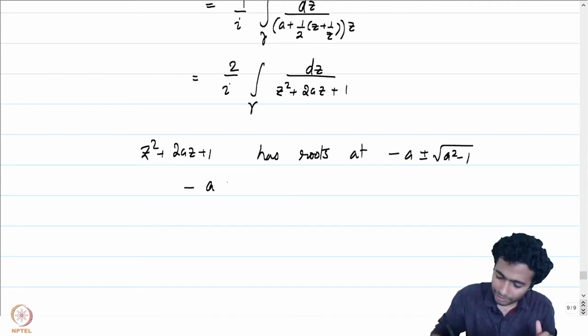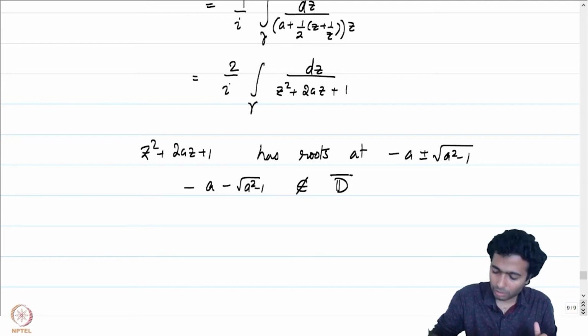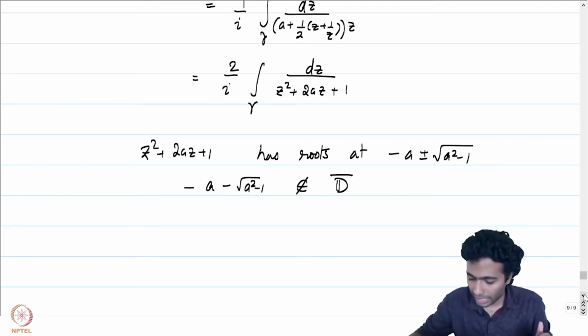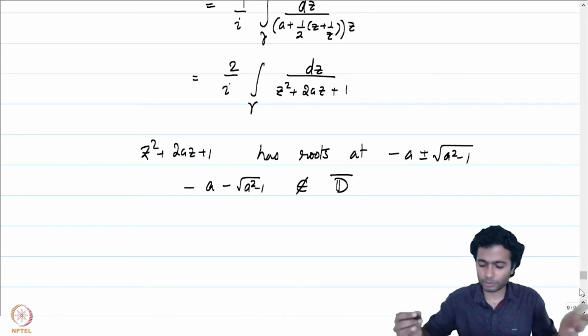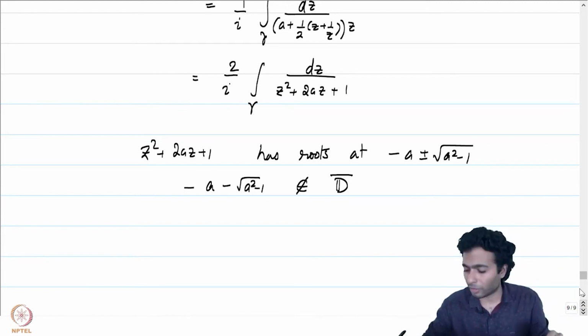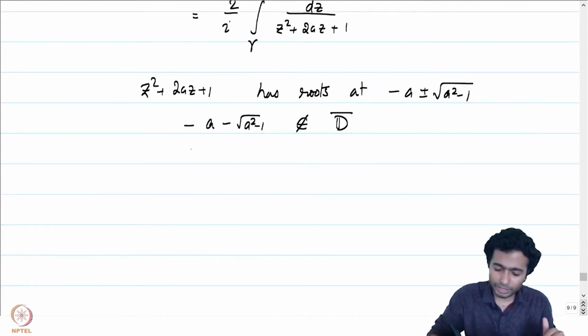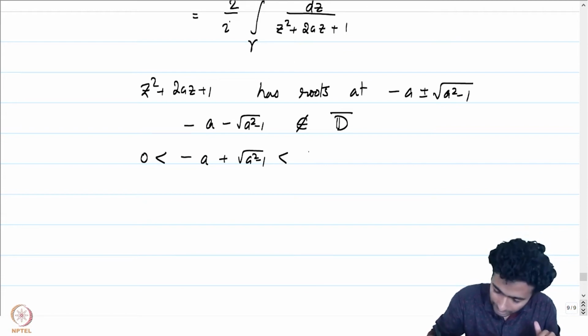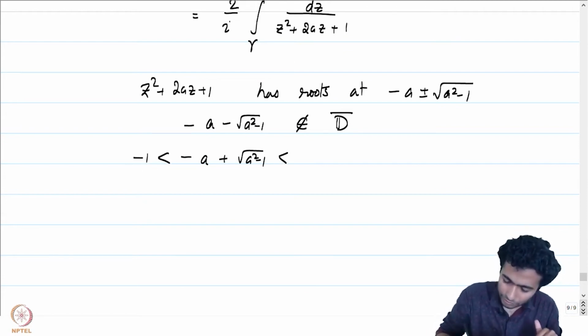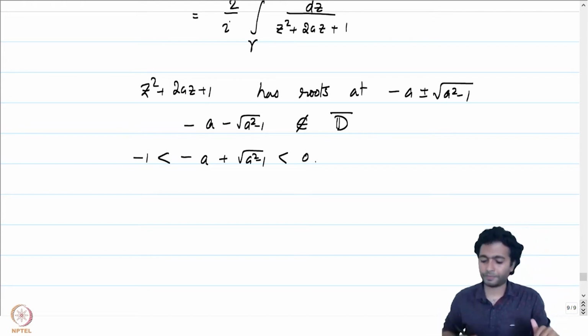Notice that minus a minus square root of a square minus 1 will not belong to the closure of the unit disk, because a is greater than 1. Minus a minus square root of a square minus 1 will be less than minus 1, so the absolute value will certainly be greater than 1. And I'll leave it to you to check that minus a plus square root of a square minus 1 is going to be between minus 1 and 0.